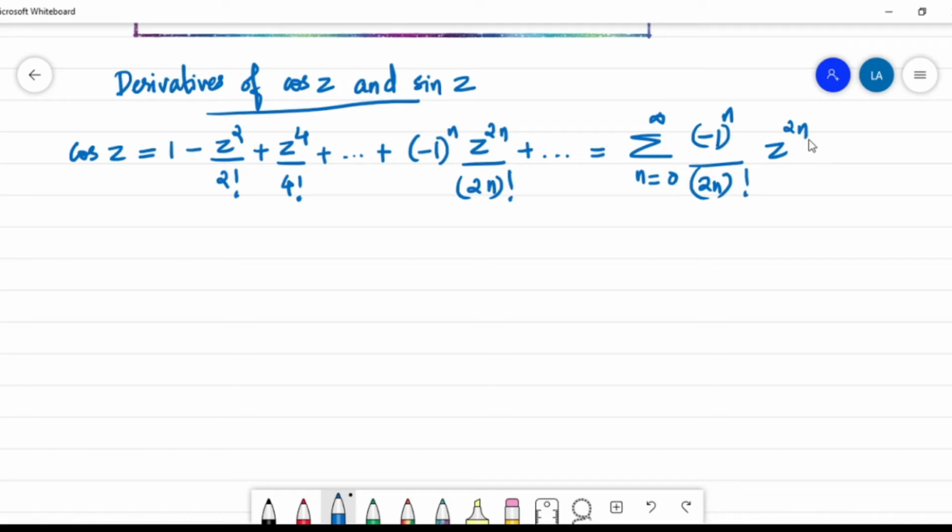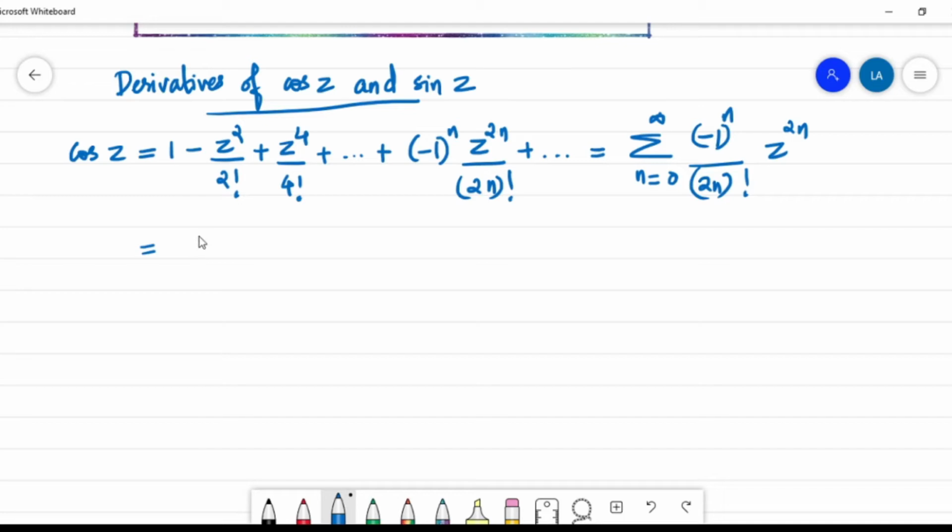Okay. So, we noted earlier while finding the radius of convergence that the term sitting here is z raised to 2n. Instead of the general term n, we are having z raised to 2n. So, let us do a simple bit of work to make it the same form as the power series.